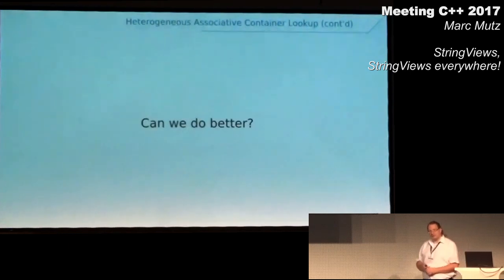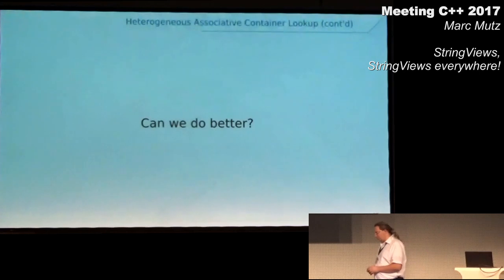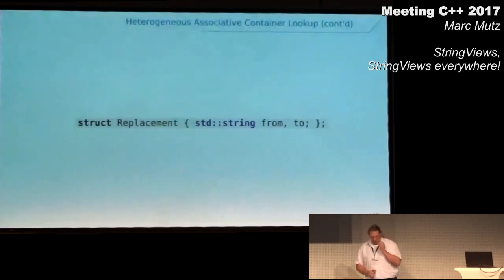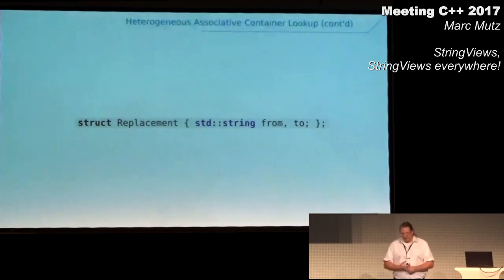Can we do better? Yes, we can. So the first step is to put all the data into the mapped type. In the beginning, we had the replacement and the replacee in different types, and one was the key and the other one was the value. Now we need to move all the data into the mapped type, into the value type.